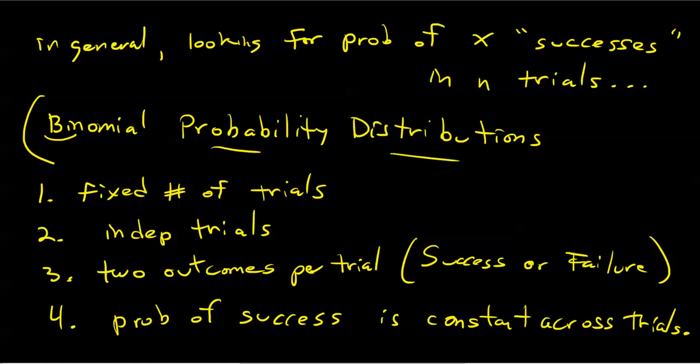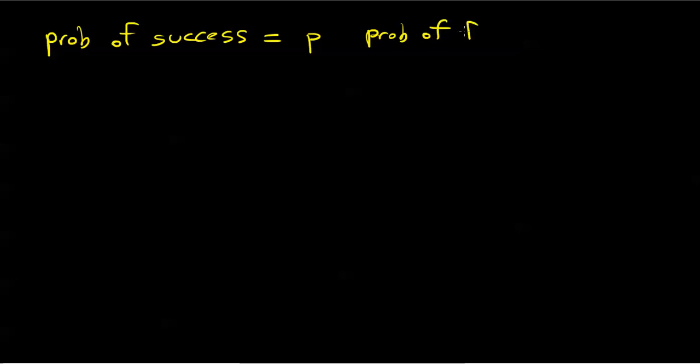Alright, let's get some notation down. Our goal here is to establish what we call a binomial probability formula. The probability of success in any one trial we will denote as a lowercase p. Then there's only 2 outcomes per trial, so the probability of failure in any one trial will of course be 1 minus p, and the notation for that is q.